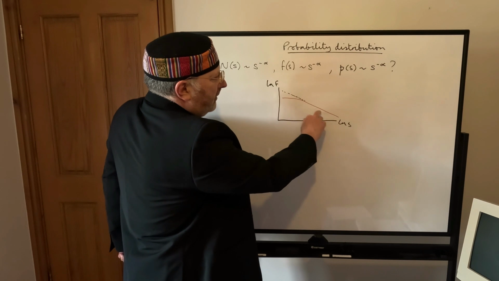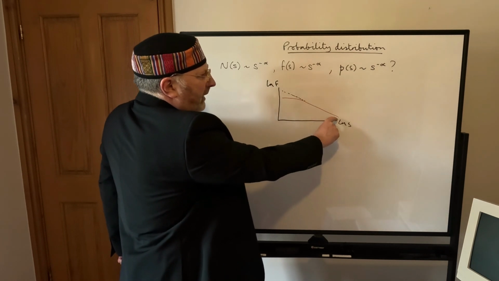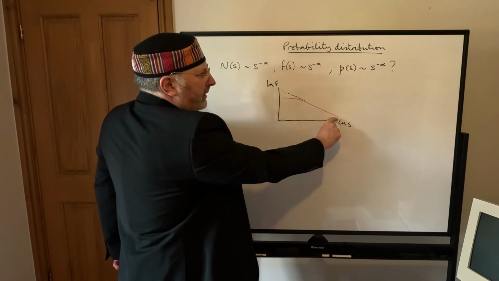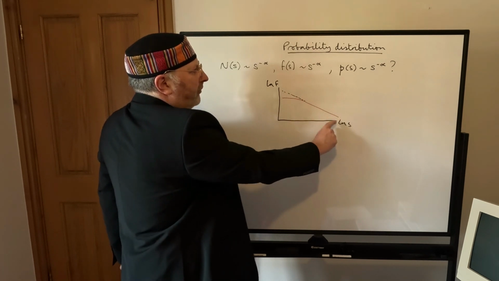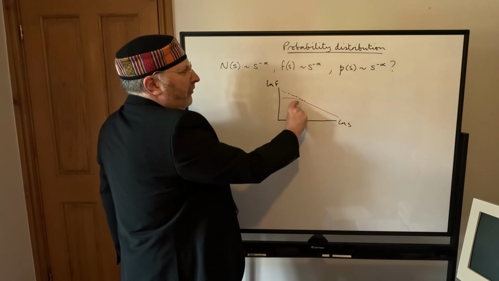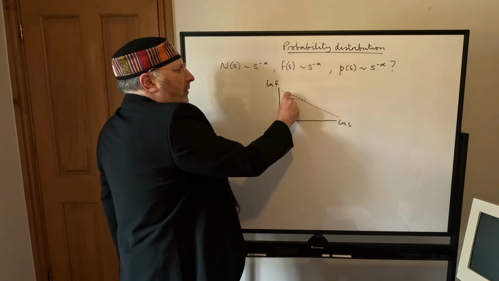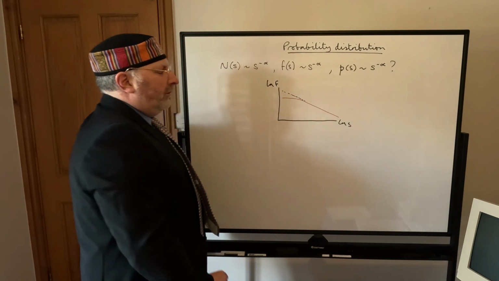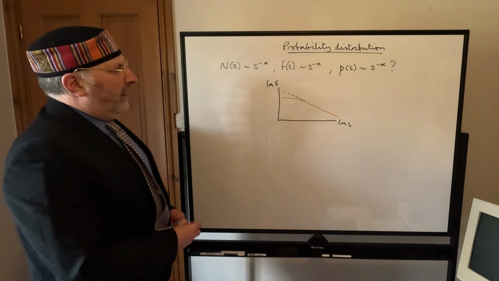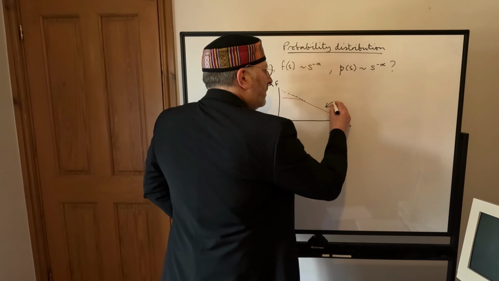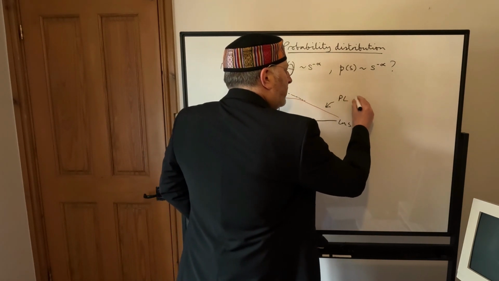So the red line is the data, and the power law is a straight line at high values of s, but at lower values of s, it kind of droops like this. So the power law would continue along the straight line, but the actual data is not on that straight line. So we say that the power law is in the tail.